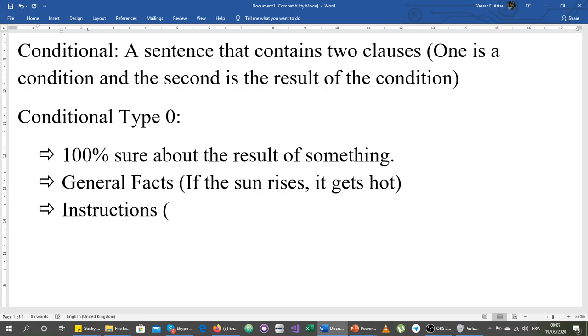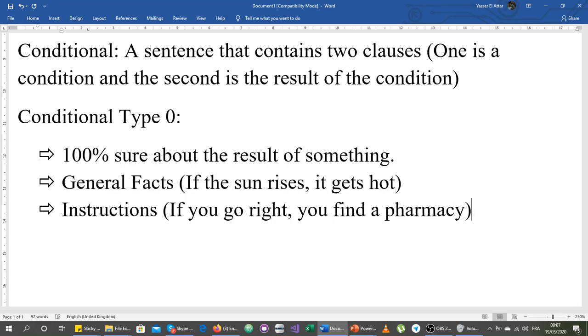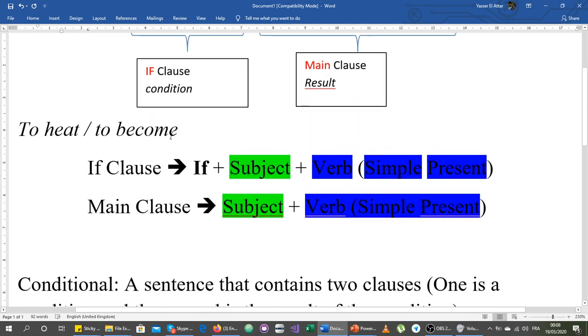When you are giving instructions to someone, you say, if you go right, you find a pharmacy. So it's like giving instructions or giving directions. Okay, so this is the use of the conditional type 0.